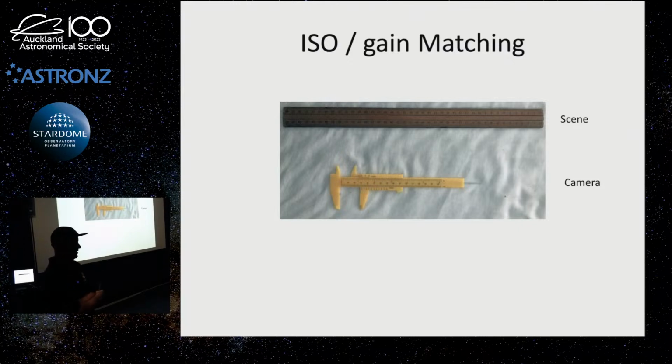I had to mention that because people do narrowband imaging where you're photographing a very narrow wavelength, and those scenes can have, not usually, but they can have a low dynamic range.